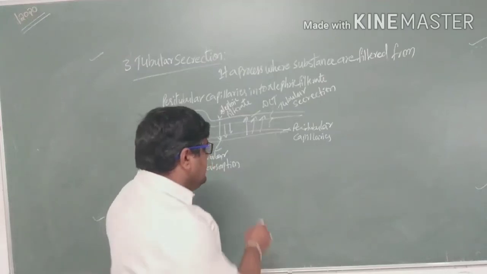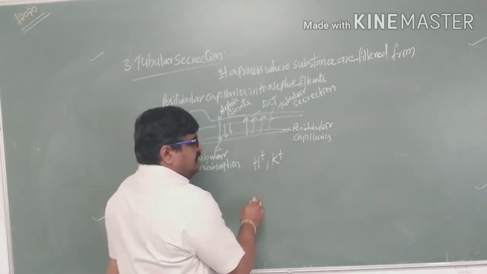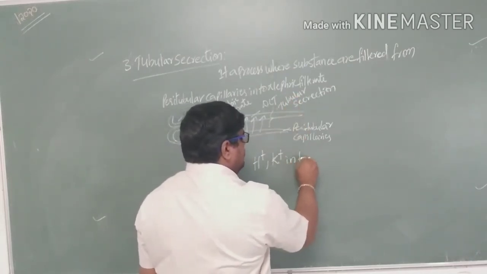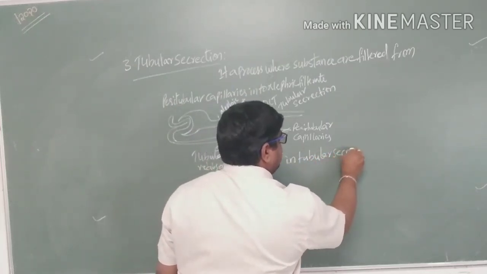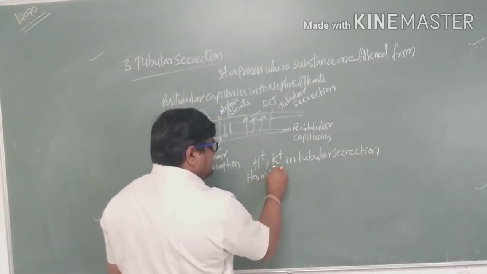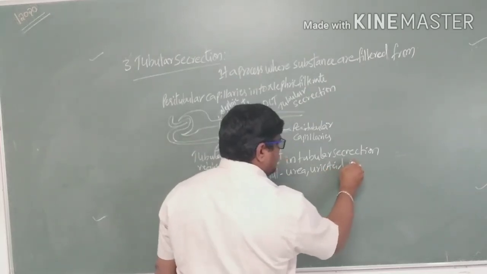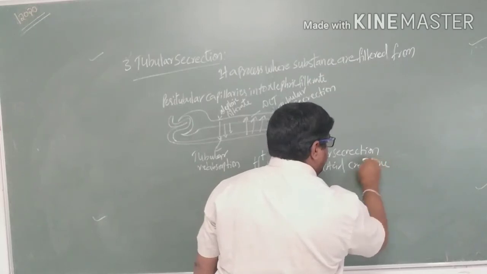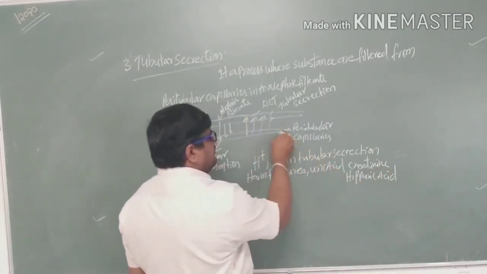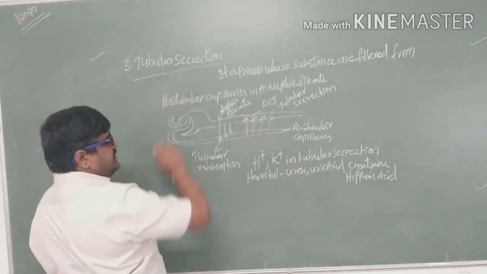Along with this, it produces H plus ions, the hydrogen ions, and the potassium ions, and also the harmful substances like urea, uric acid, creatinine and hippuric acid that are secreted from peritubular capillaries into the DCT.